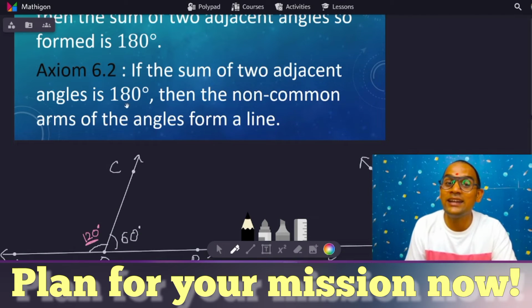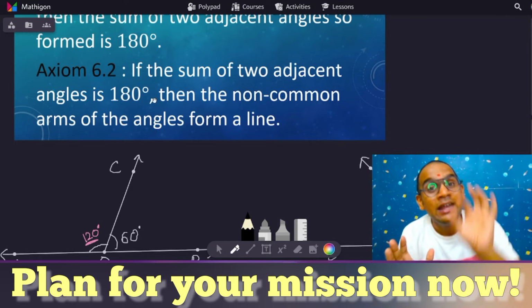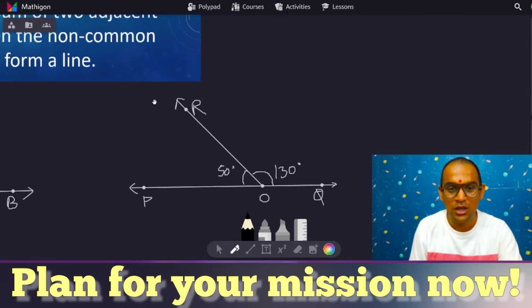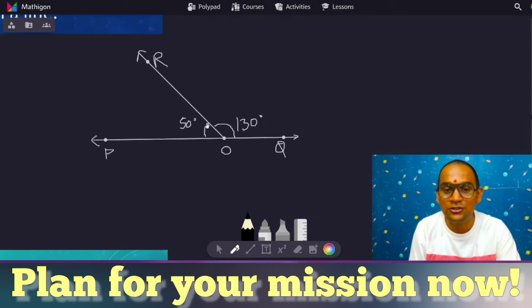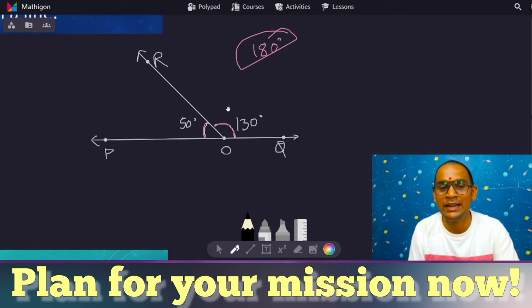If the sum of two adjacent angles is 180 degrees, now try to understand, my dear friend: here the angles are given, as you can see, 50 and 130 degrees. These two angles are adjacent angles. If these two angles sum up to 180 degrees, then the non-common arms PO and OQ will form a straight line. That is what the second axiom says.